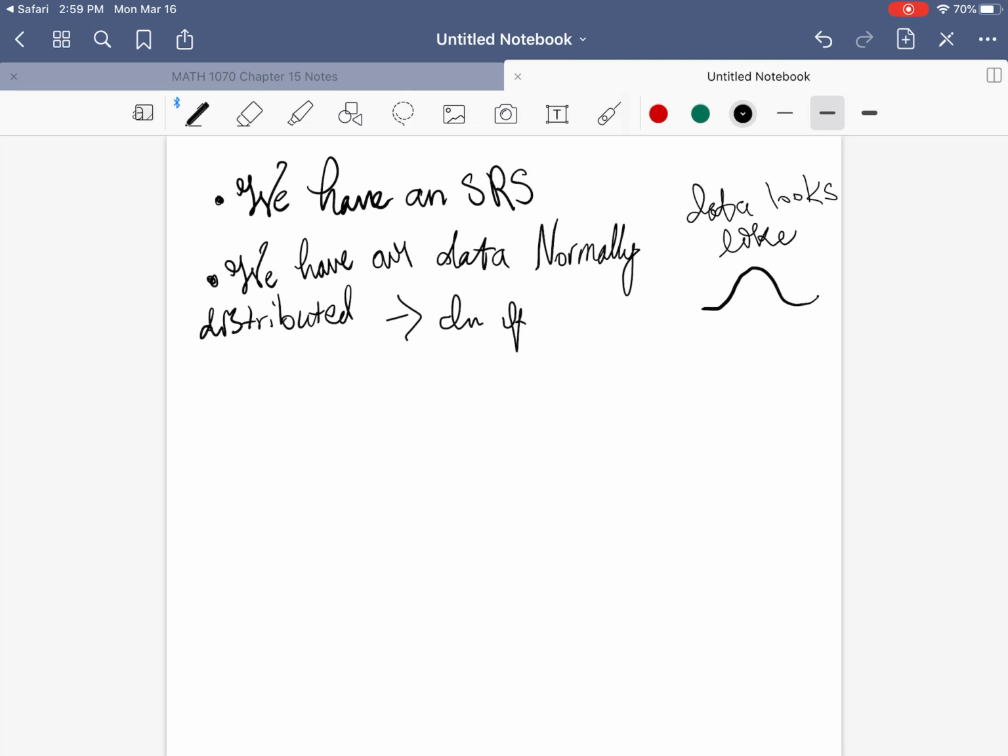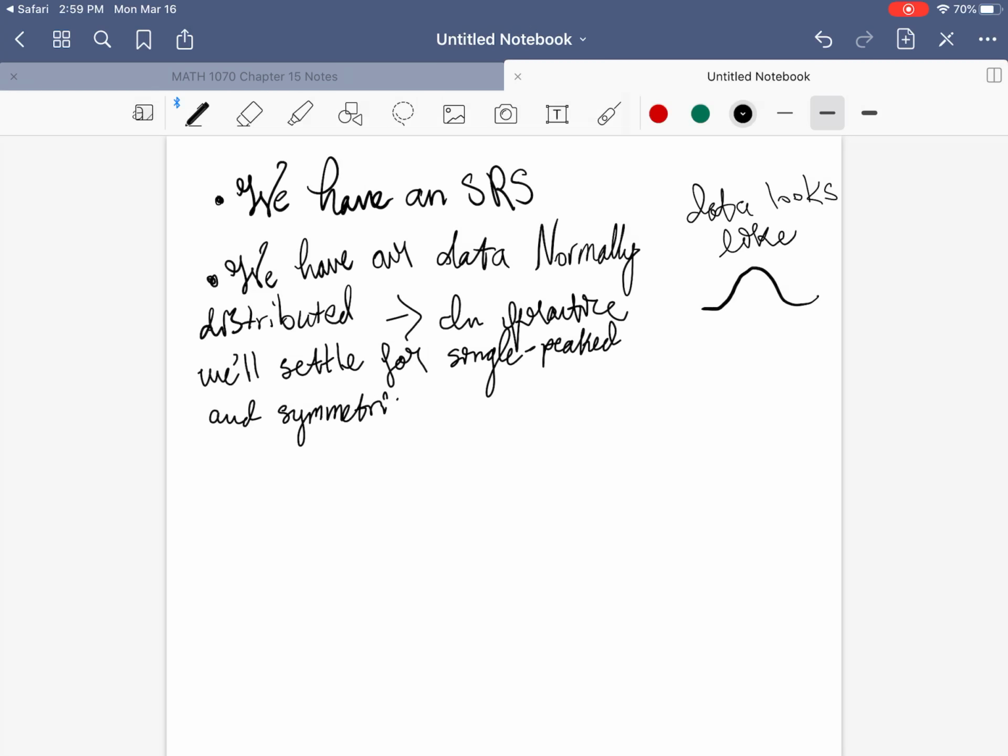In practice, we'll settle for single peaked and symmetric. Okay.